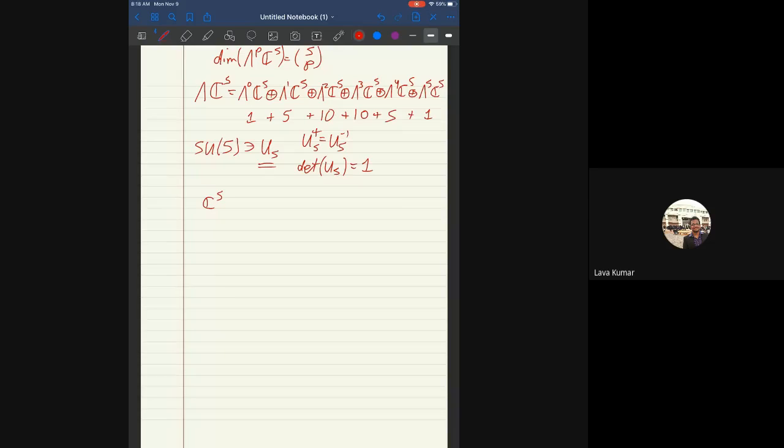So if we have an element of this vector space, it just transforms to U5 V. And so in particular, the 5 basis elements here, which are also the 5 basis elements of lambda 1 C5, because really C5 and lambda 1 C5 are the same thing.